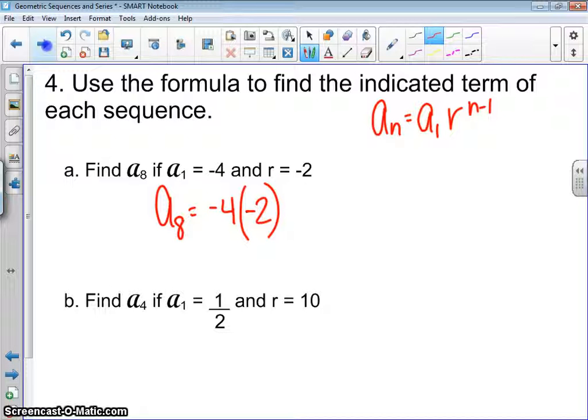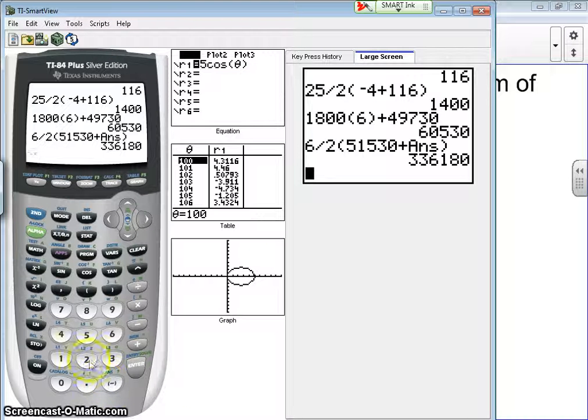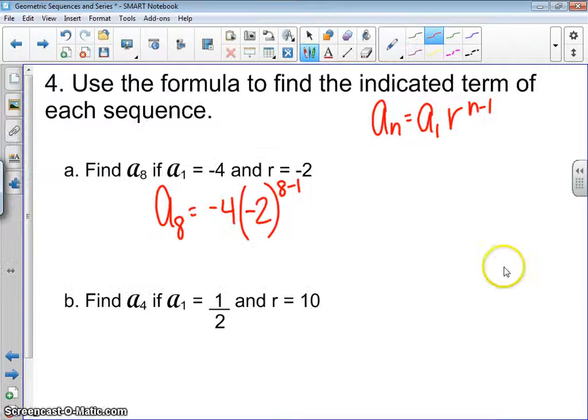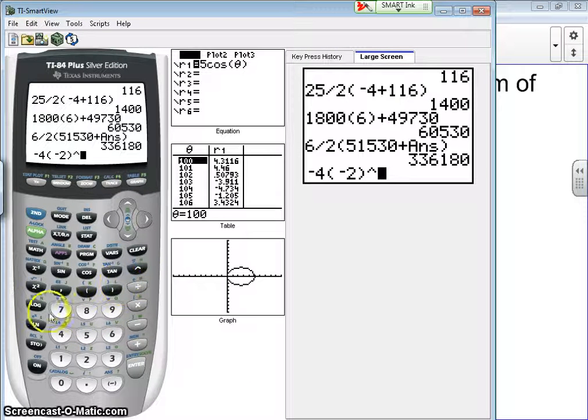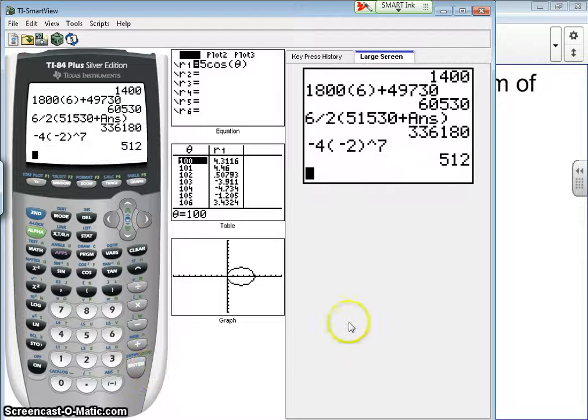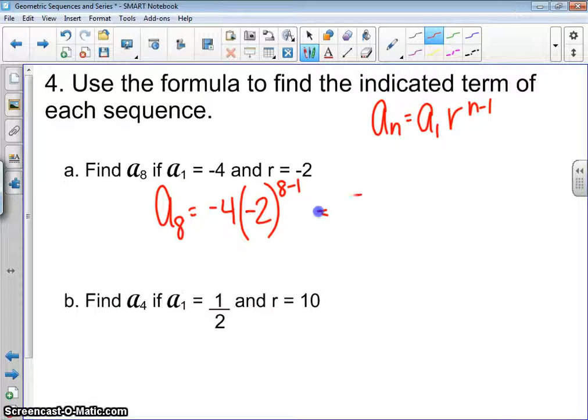And you need to make sure that if you have a negative R value, you put that in parentheses when you plug it into the calculator. And so then N minus 1 would be 8 minus 1. So -4 times -2, raised to the 8 minus 1, which is 7, so the 7th power, and so then that should give me for the 8th term 512.